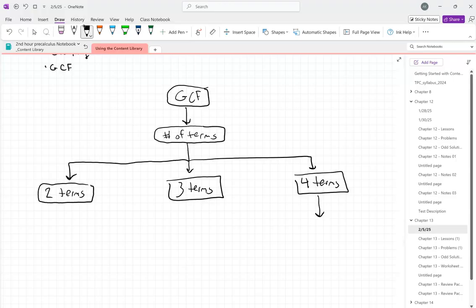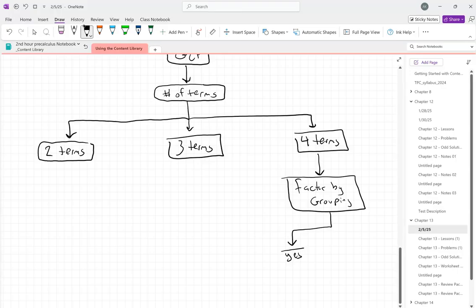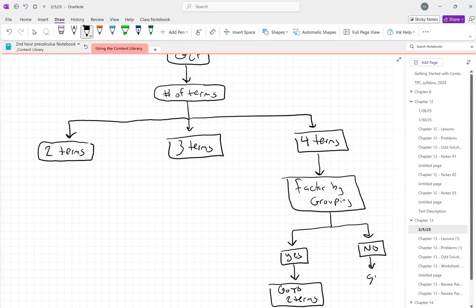If it's 4 terms, what we try is factor by grouping. If we can do that, we factor by grouping, and then we go to the 2-term branch to check that for each of my factors. If it's no, then we stop. There's nothing more to do.